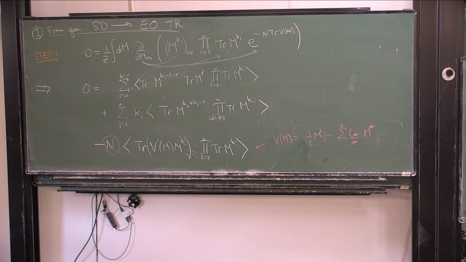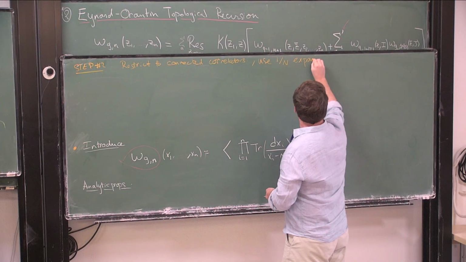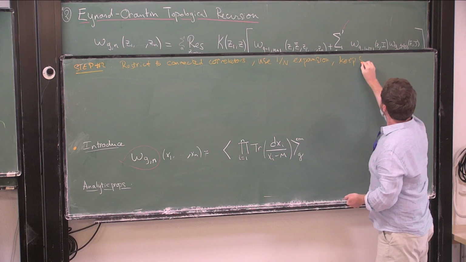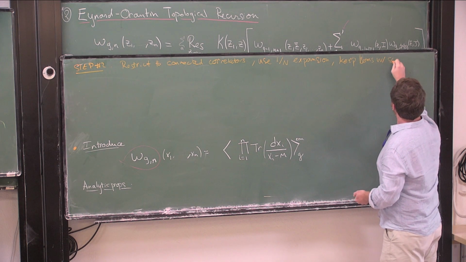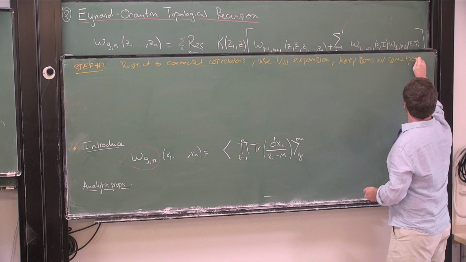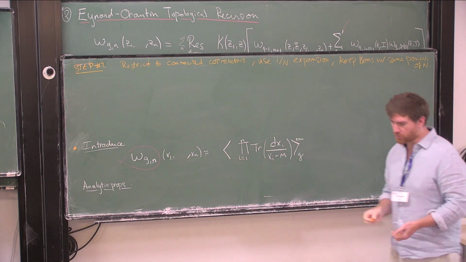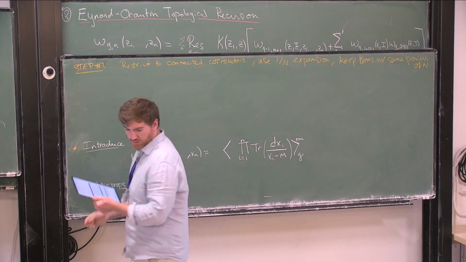And then we're going to use the 1 over n expansion, and then we're going to keep terms with the same power of n. I'm just going to tell you the results. We don't need to totally work through that. So it's going to be the following.